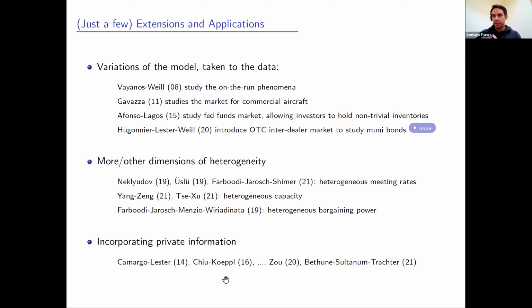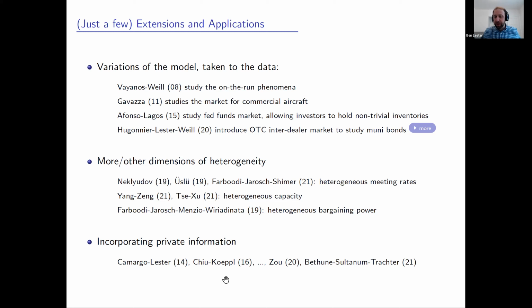Thank you. And then the last thing I'll mention is that there's also been this ongoing, at times frustrating attempt to incorporate private information. I would say half my research life has been spent at the intersection of information frictions and search frictions, trying to incorporate various types of information frictions into models of decentralized trade as well.